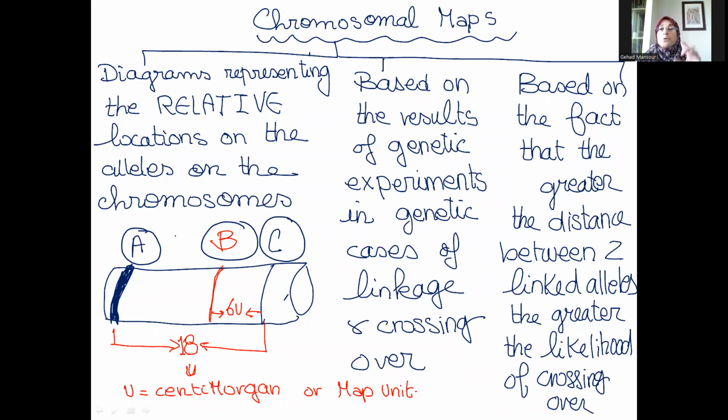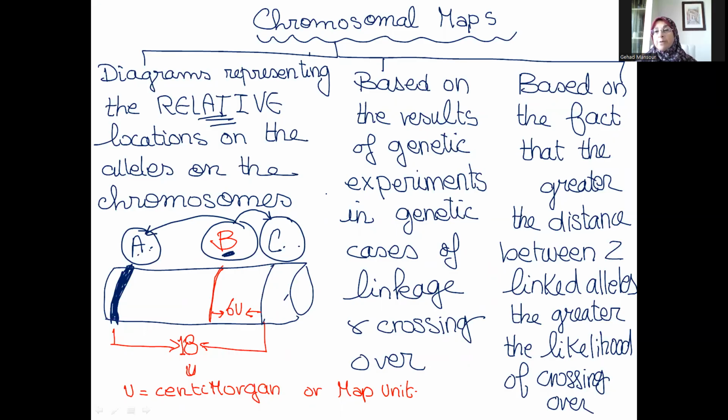Actually, it represents the relative positions of the alleles on the chromosomes, meaning where they are located in relation to each other. So here, for example, we can say that B lies in between A and C, or that B is closer to C than it is to A.